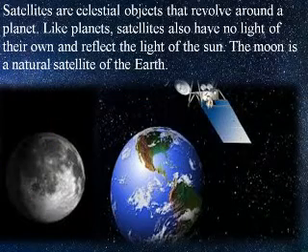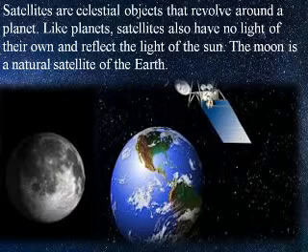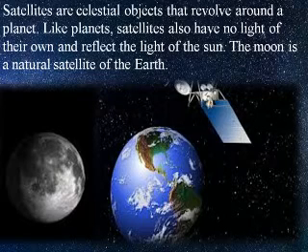Satellites are celestial objects that revolve around a planet. Like planets, satellites also have no light of their own and reflect the light of the sun. The moon is the natural satellite of the earth.